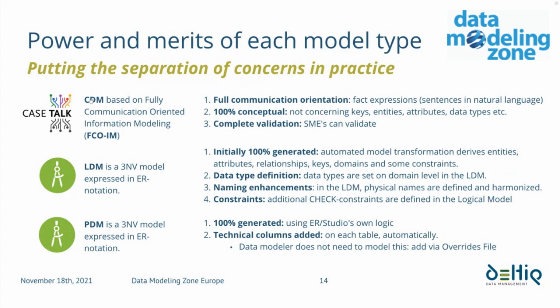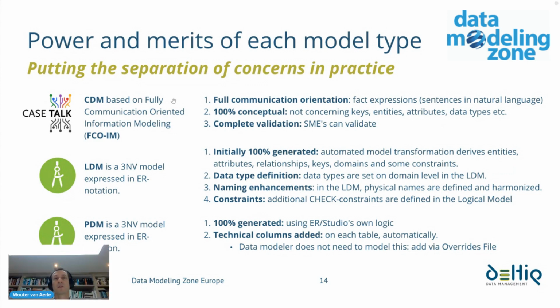So we use fully communication-oriented information modeling using CaseTalk, and running this way allows us to put full effort on that. And one of the benefits and the merits of FCO-IM is that it's communication-oriented, so the requirements are expressed in natural languages, in sentences, and that really allows us to easily communicate and discuss with subject matter experts what they want from their model.